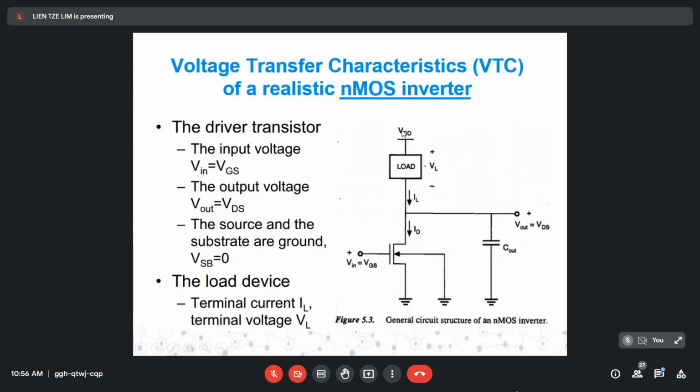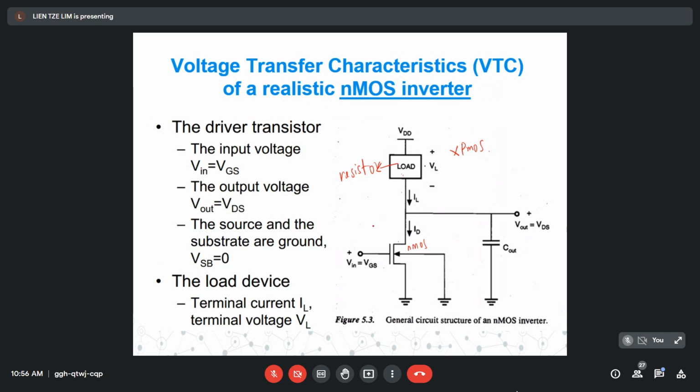So this is an NMOS inverter. Why is it called NMOS? Because there is only an NMOS transistor in this inverter, no PMOS, and this is a load. Usually the load is a resistor. So we call this an NMOS inverter.